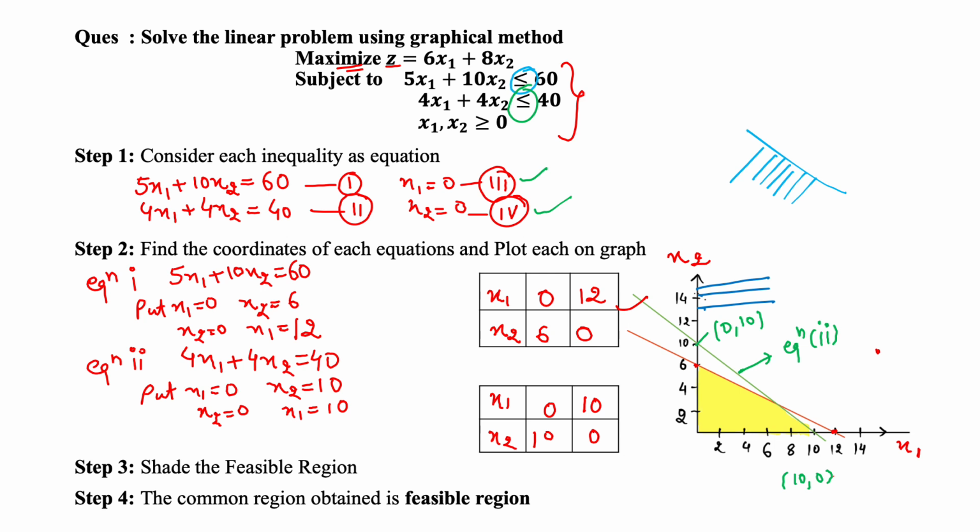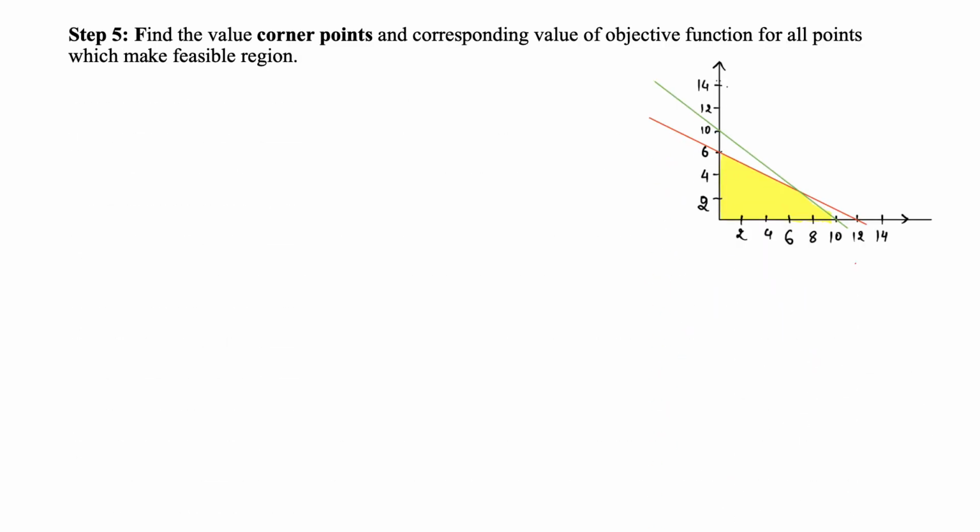Now the next step is to find the corner points. In step 5, we have to find the corner points and the corresponding objective function for all the points which make my feasible region. My feasible region is this region shaded with yellow color.